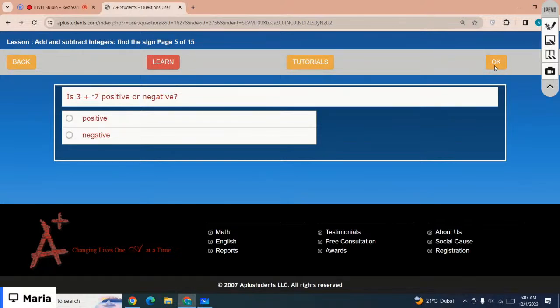Is 3 plus negative 7 positive or negative? Yes, the correct option is negative.